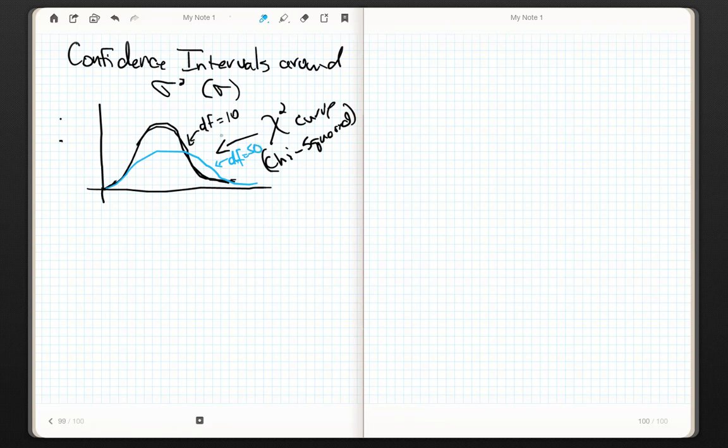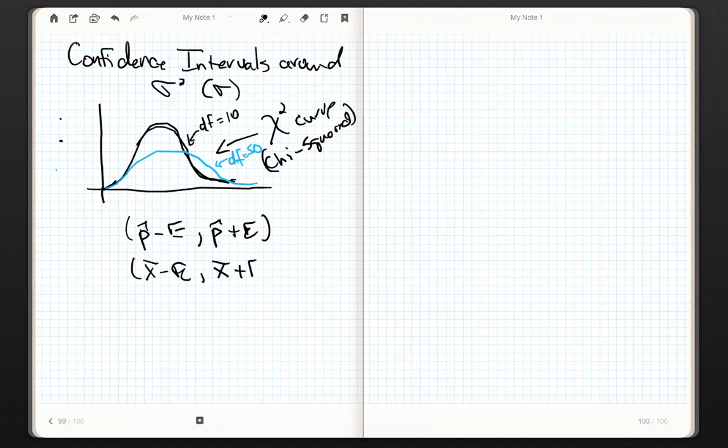Now, the problem with this family of curves, just like we had with the t-curves, is that it's not symmetric. So remember back in the day, if we wanted to figure out confidence intervals around proportions and around means, we took p hat minus error and p hat plus error, or we took x bar minus the error and x bar plus the error, because the error was the same on both sides because they came from the normal curve.